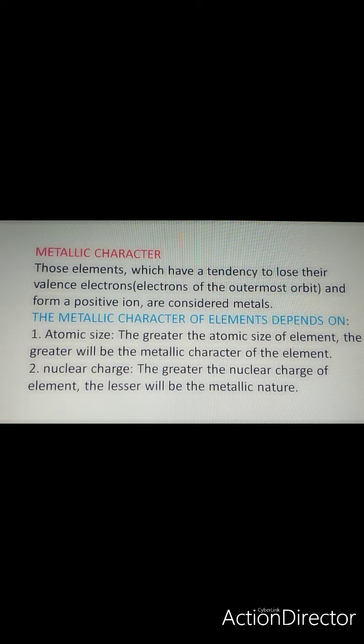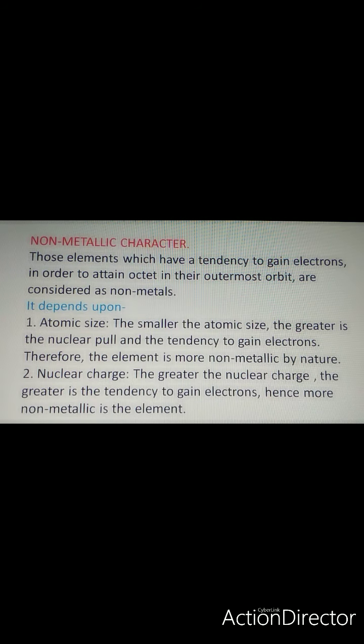If 1, 2, 3 electrons are present in their outermost shell, that means they are metals and have a tendency to lose electrons. And if they have 5, 6, 7, 8, that means they have non-metallic character. They have a tendency to gain electrons from other elements.